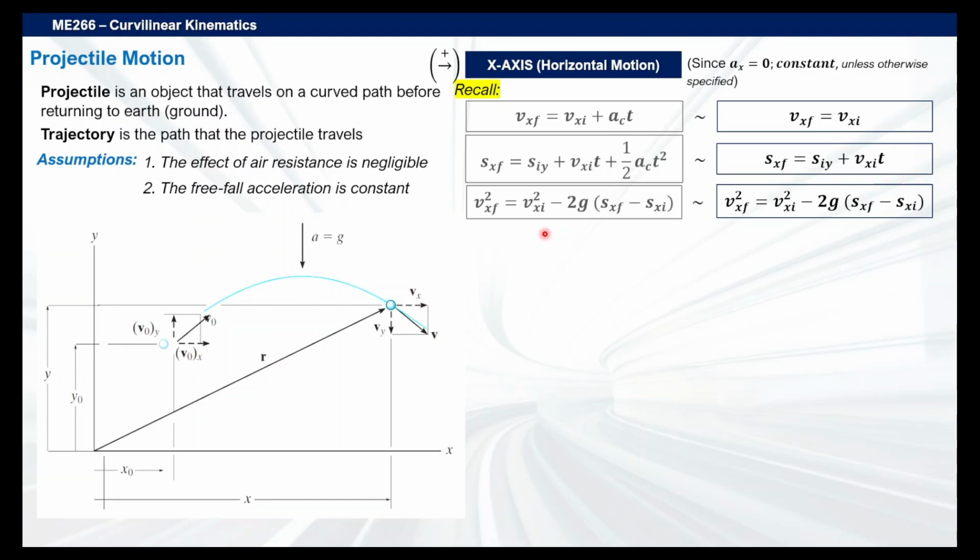Plus, if it's already negative dito, you don't need to put yung negative 9.806 sa stick dito because that's gonna mess up yung equation. Okay? Or in this particular case, it's 0 naman. So, yeah, it happens.